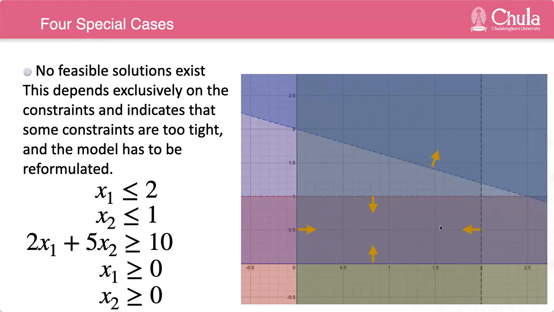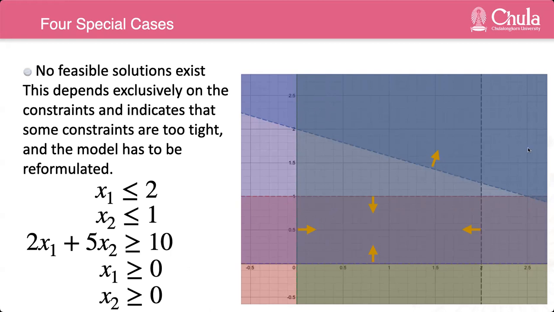That is the feasible region. And the next one, x2 less than or equal to 1, is this line, so it should be below this line. And we have 2x1 plus 5x2 must be greater than 10, which forms this area above this line.